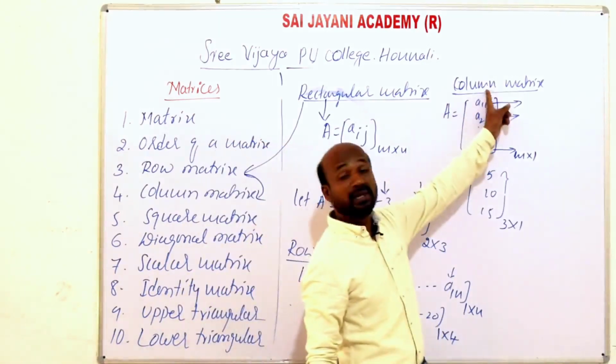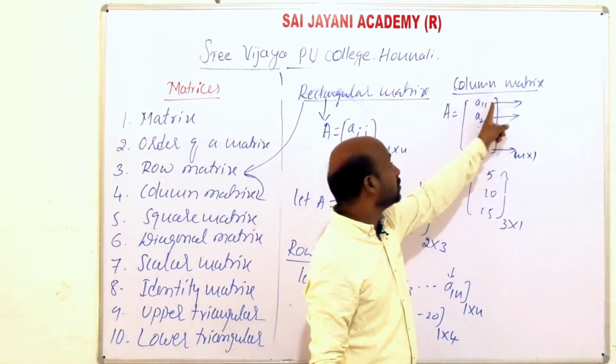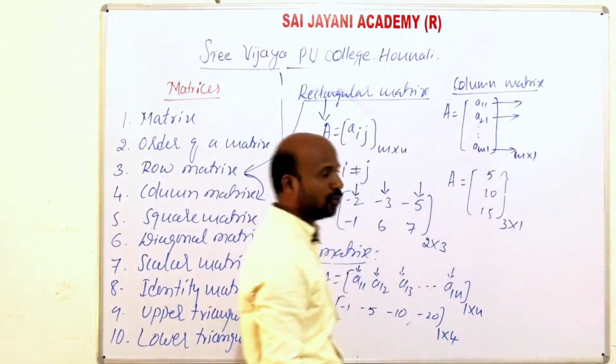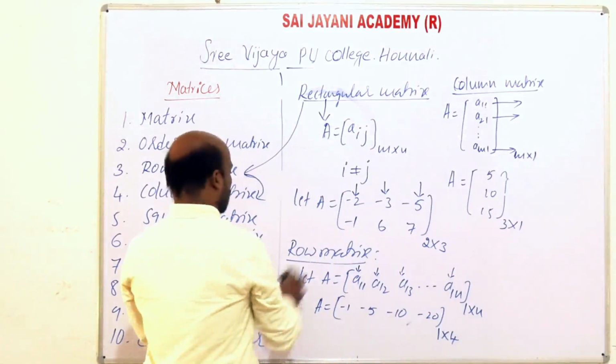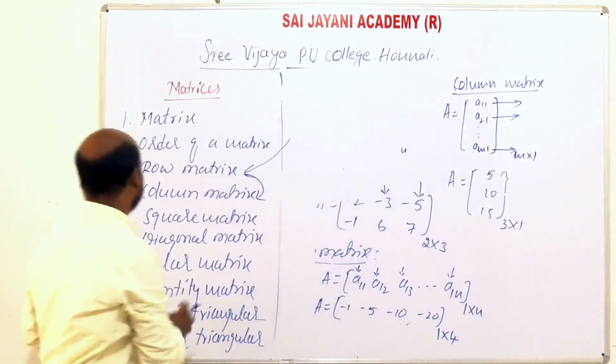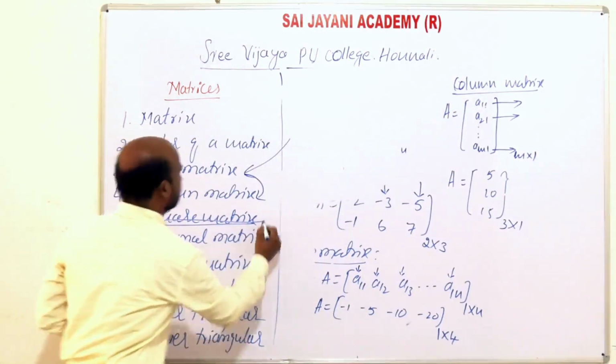A matrix is said to be a column matrix if it has only one column and its order can be taken as m by 1. So after this, we shall discuss about the square matrix.